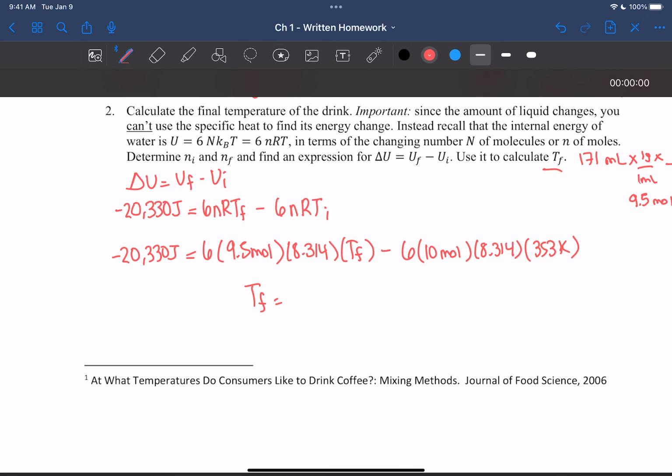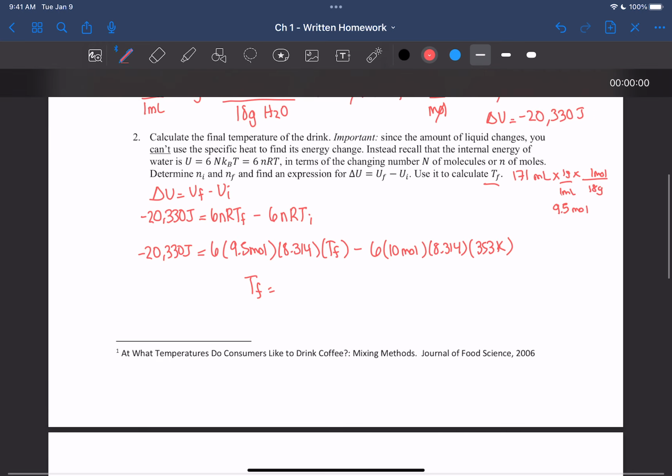Let's see here. I'll field the question. What did you guys get for TF? I think this problem is slightly different than ours. So it looks like 328.7 Kelvin. Okay, fair enough.